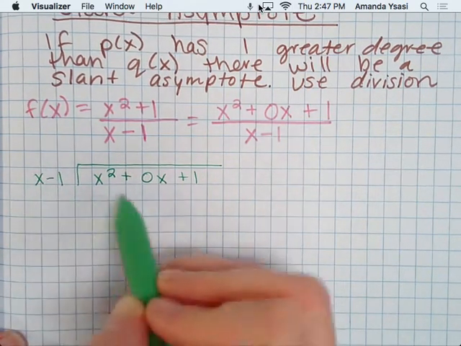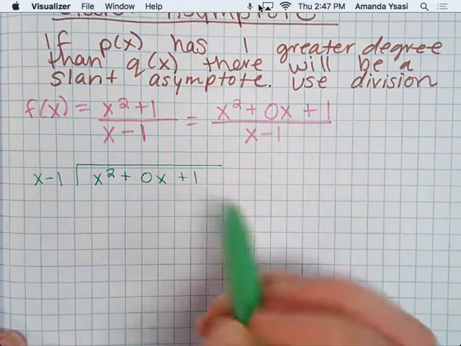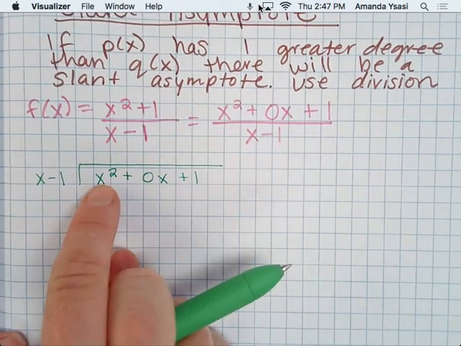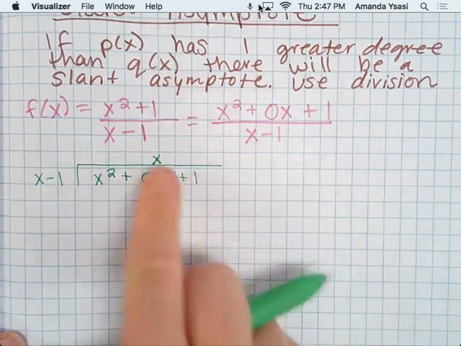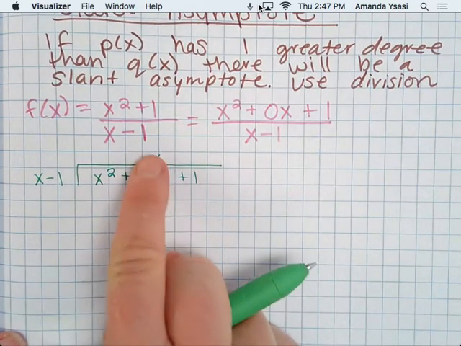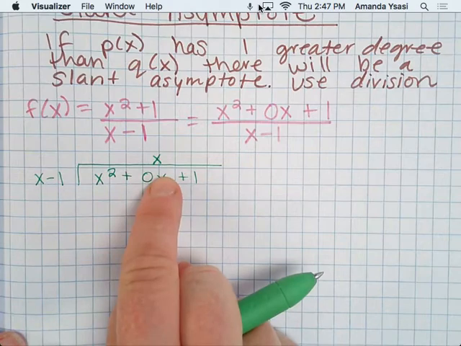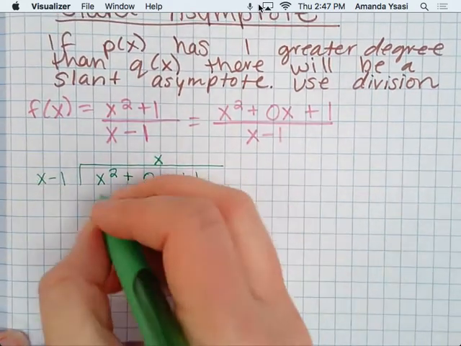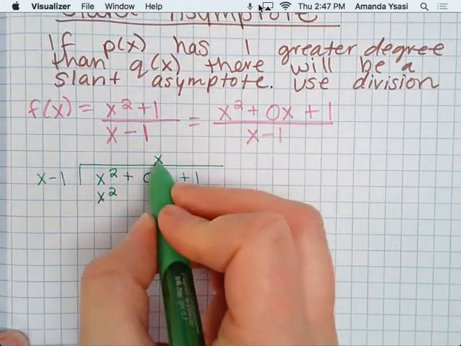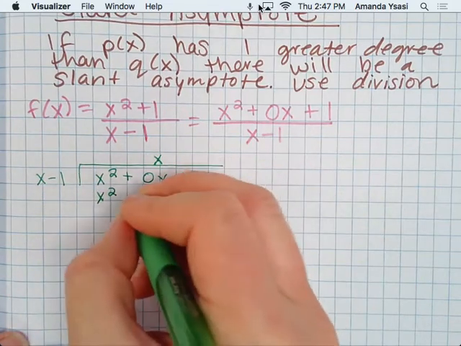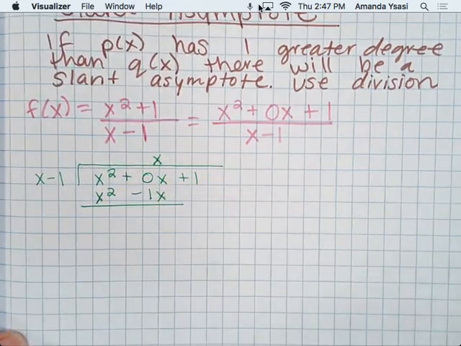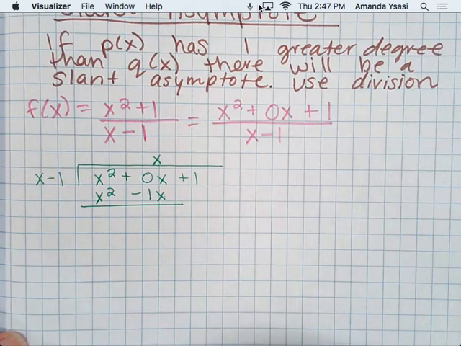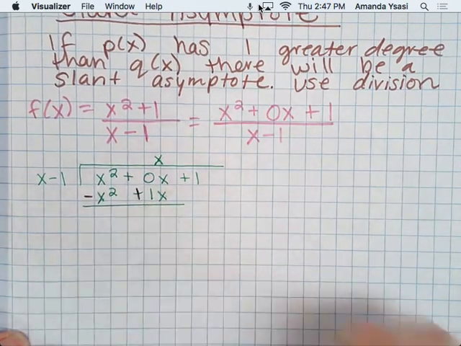So x minus 1 into this. So we're going to do x into x squared, which would just be x. And I'm going to put it over the same degree. And now I'm going to multiply x times x squared, x times a negative 1, negative 1x. And then subtract. When you subtract, you change both signs.